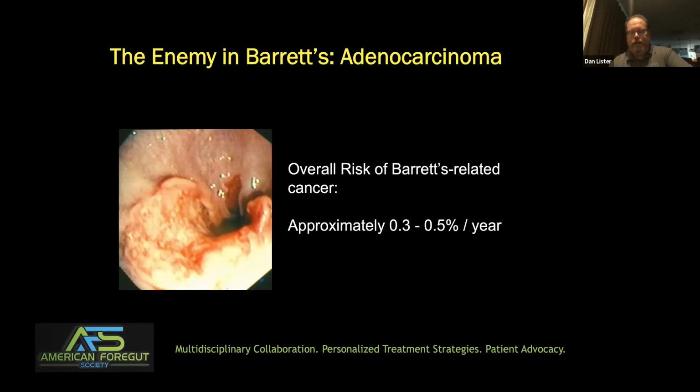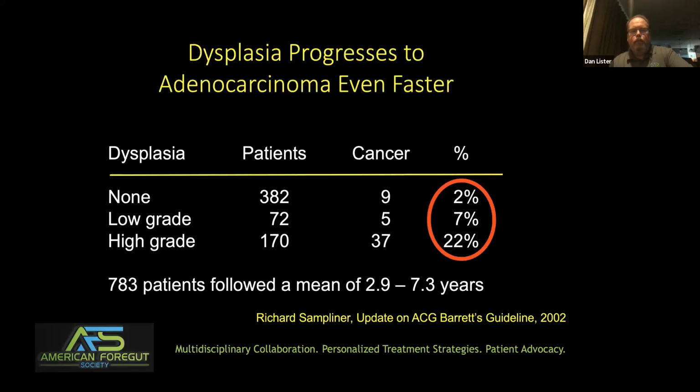Trip showed the slide of the increasing 700 to 800% increase since 1970, and that really doesn't show any sign that it's going to slow down. As Trip also said, dysplasia plays a big role. If you do not have dysplasia, in this study, 2% of patients progress to adenocarcinoma over about a 7-year period.